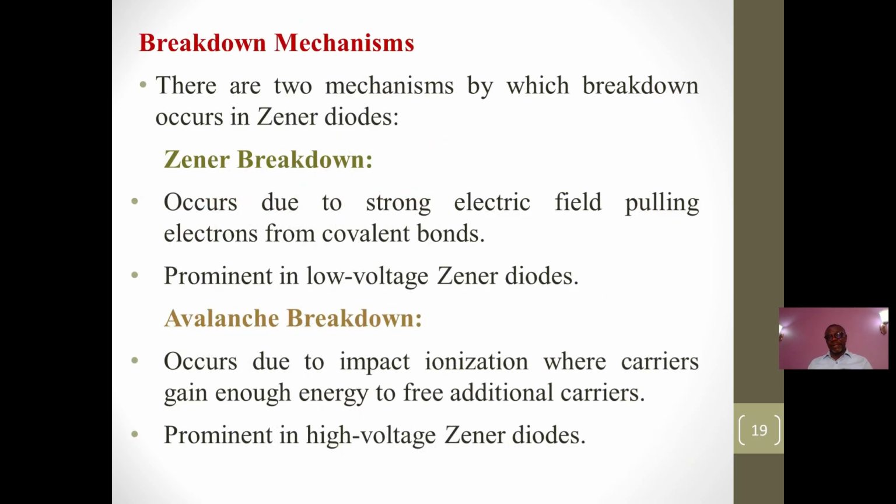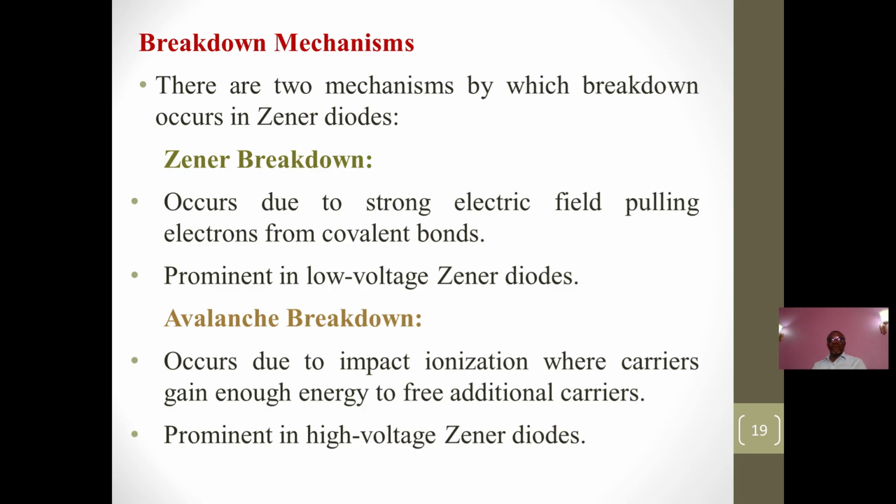Now, this breakdown mechanism occurs in two ways. One is called the Zener breakdown. At Zener breakdown, the breakdown occurs due to a strong electric field pulling electrons from covalent bonds, and is prominent in low voltage Zener diodes.